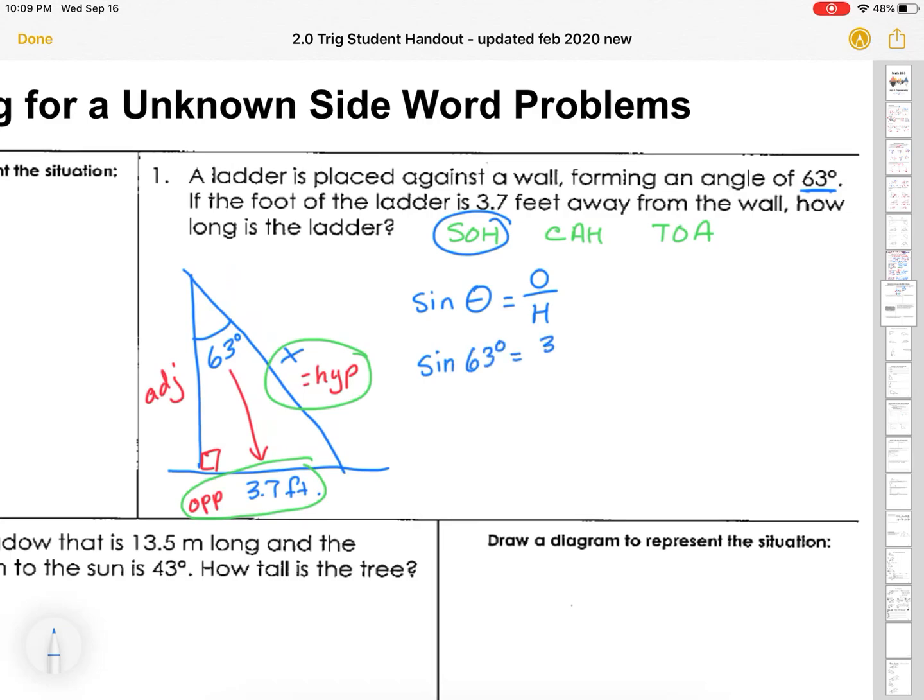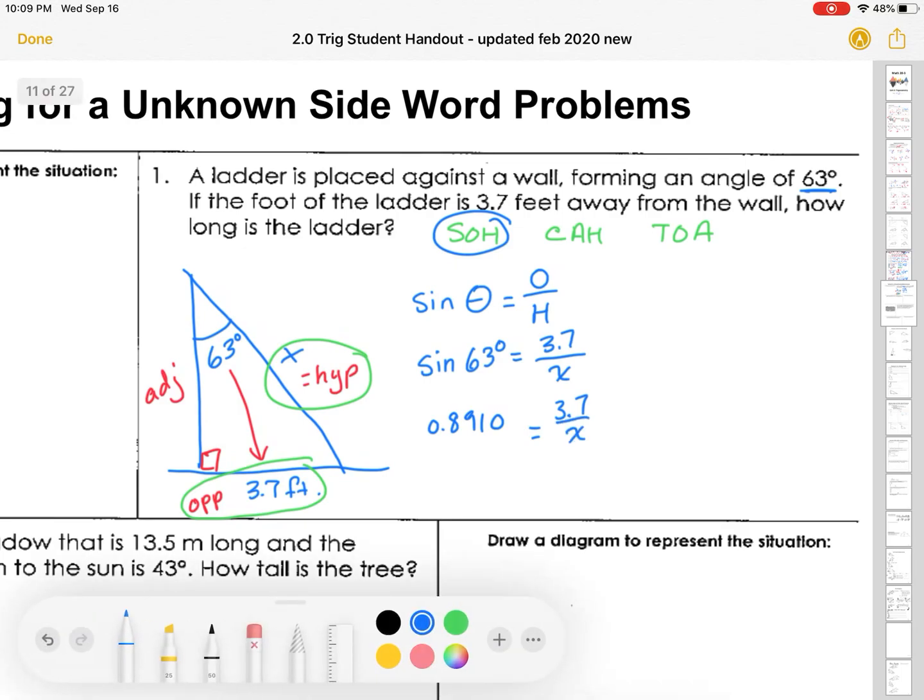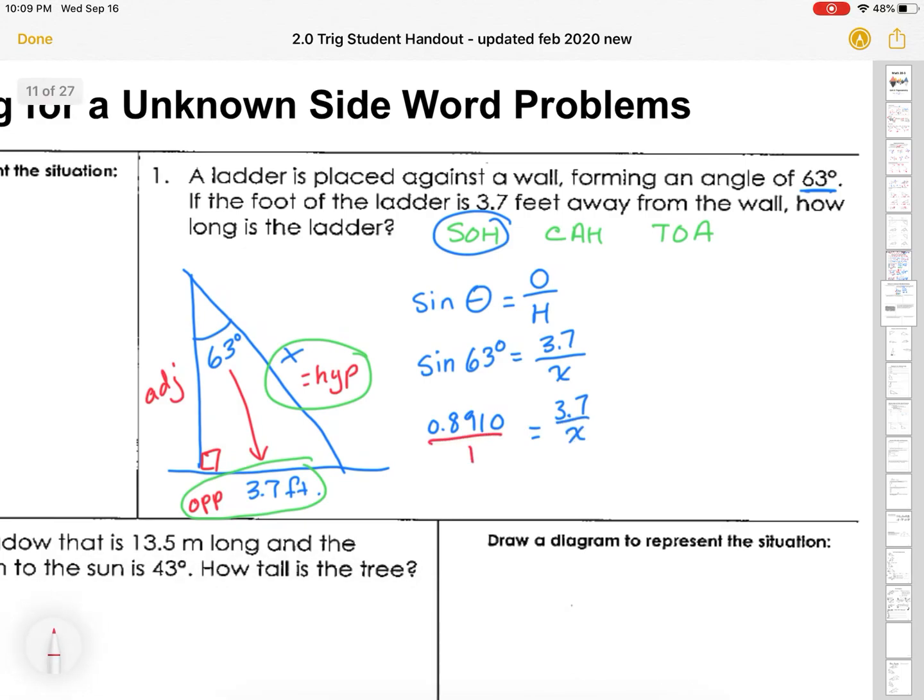So let's put what we know in. Sine of 63 degrees equals 3.7 over x. Figure out what sine of 63 is. So sine of 63 equals 0.8910 equals 3.7 over x.